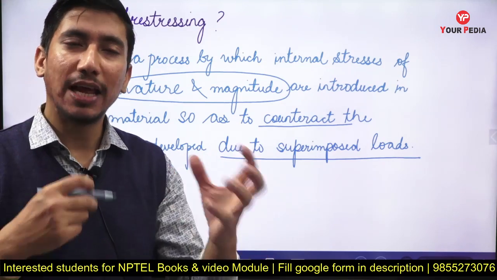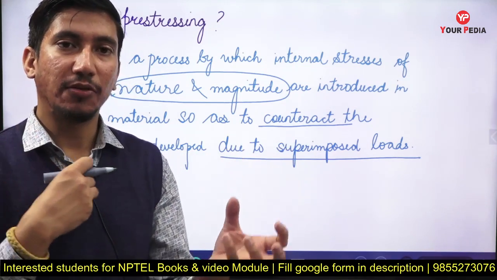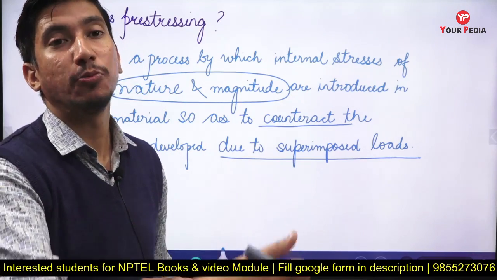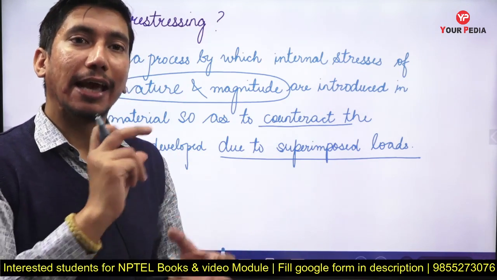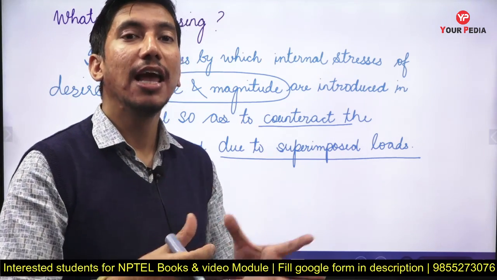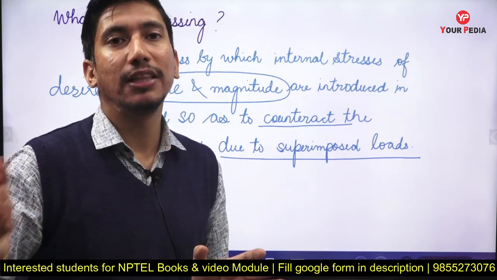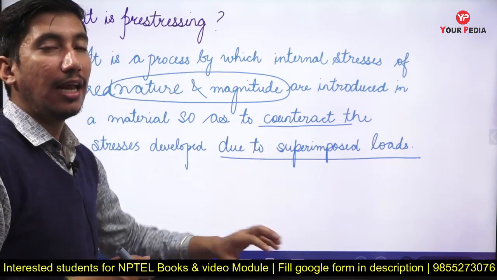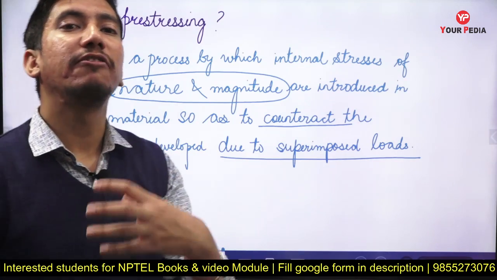So the stresses that we introduce will neutralize the stresses that are going to come because of the superimposed load, and because of this the efficiency of the material will increase. Now our structure can take much larger load than it could have taken earlier. So this is the concept of pre-stressing. Now this concept of pre-stressing is not a very new concept.